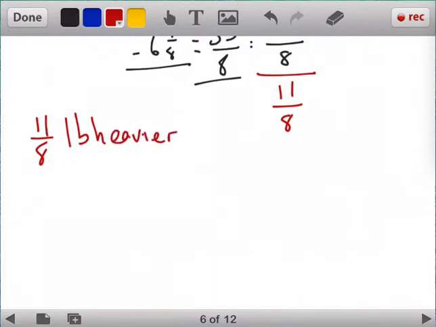And it also asks us to come up with a decimal answer. So, numerator 11 divided by denominator 8. Okay, 8 goes into 11 once.